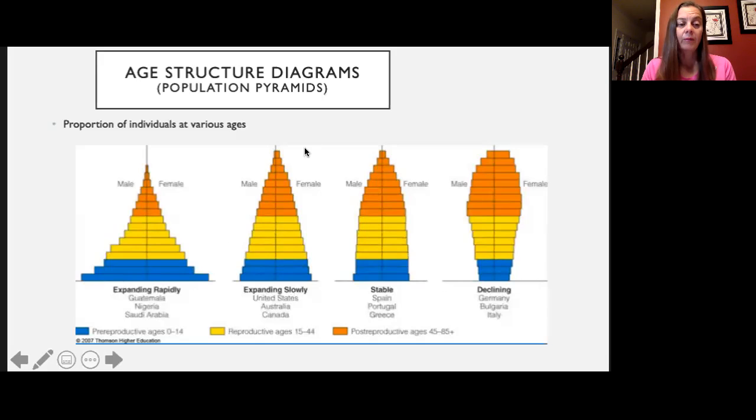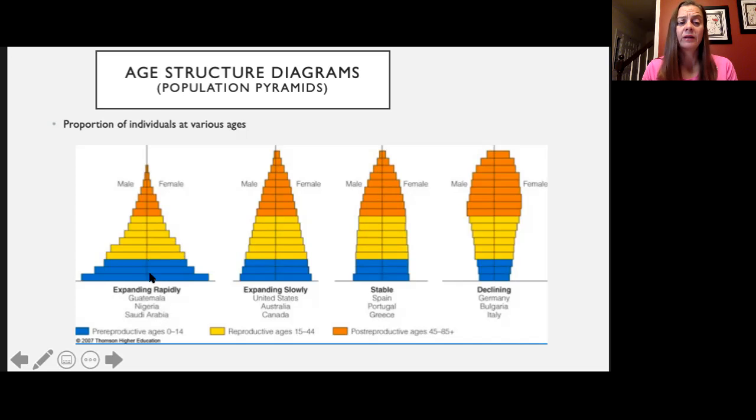So when we look at these, each bar represents an age bracket. Generally they're in 5-year groupings. So this would be 0 to 5, 5 to 10, 10 to 14, and then 15 to 19, and so on up the chart.